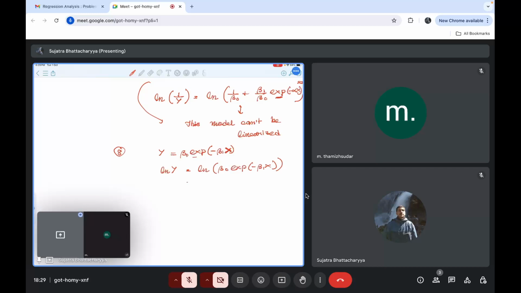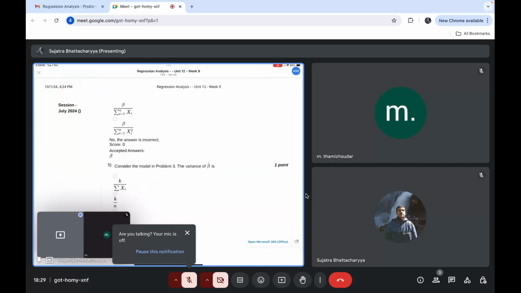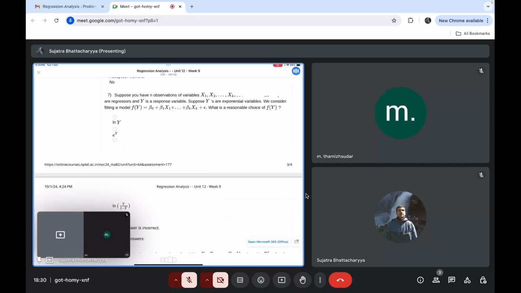We have seen this, right? So this can be written as log beta naught plus log of this, which will be minus beta one into x. So this is now a linearized function in beta one x. The question is what transformation you have to make in y? That will be log of y. Log is the answer. Okay, natural log or whatever you want to say. So it will be log of y.